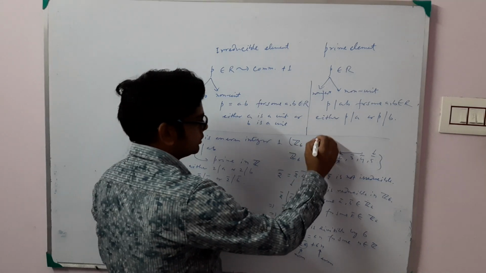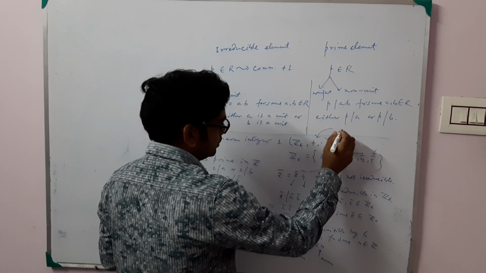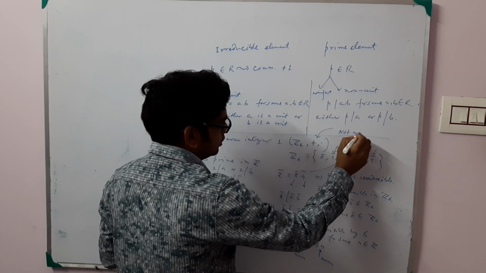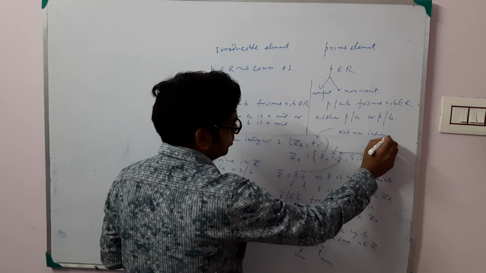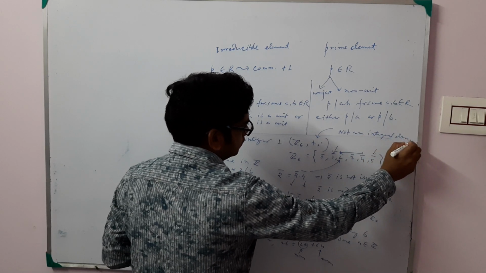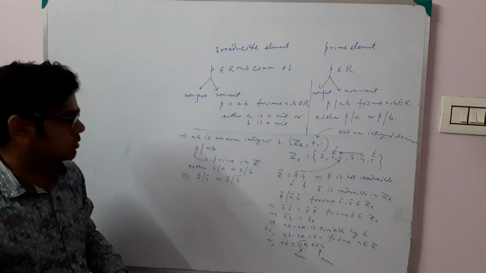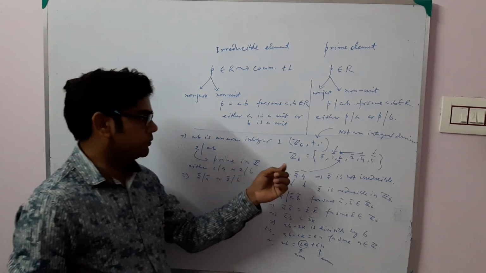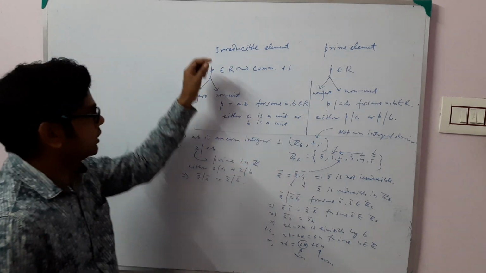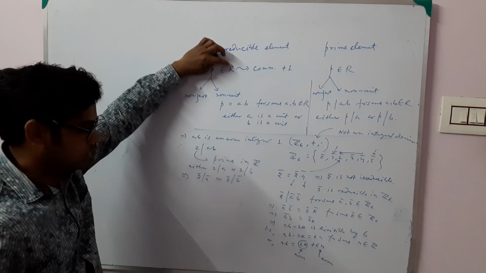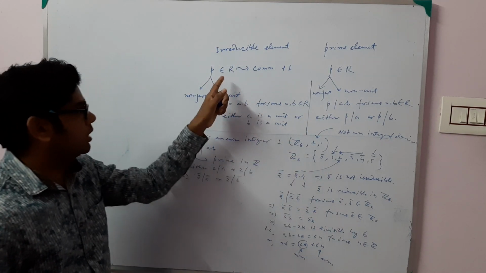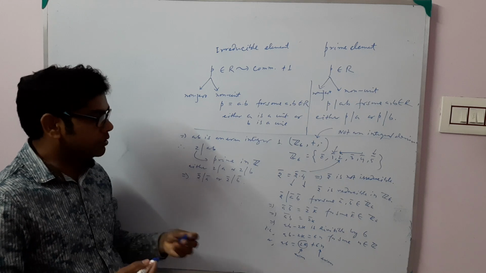Here we observe that Z6 is not an integral domain. In the next class, we will show that if R is an integral domain, then every prime element in R will be an irreducible element.